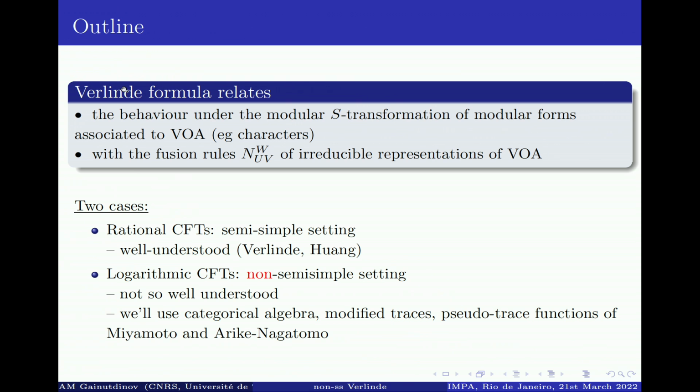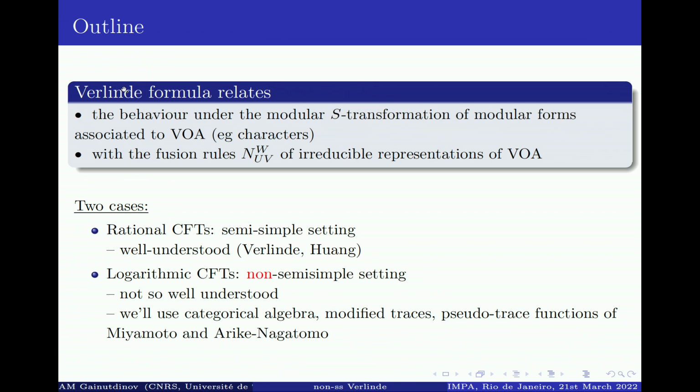Actually, in the semi-simple case, the associative algebras behind the theory are quite simple. They are semi-simple, actually. Here, the algebra can be quite intricate. So the appropriate language will be categorical language.